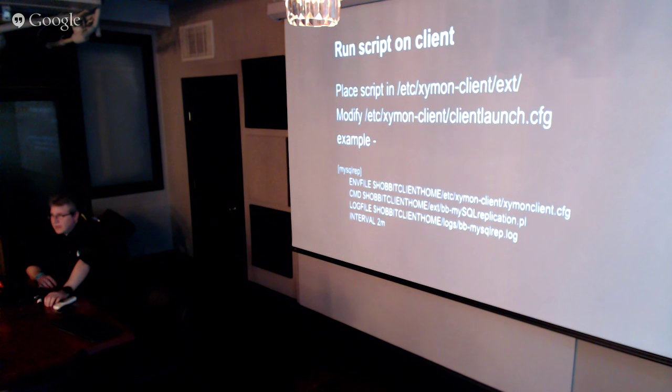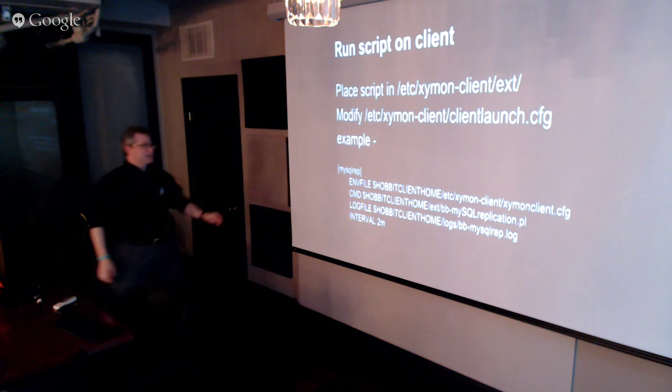The one time that you want to actually have the client do more is when you're doing specific scripts. Say you have a RAID controller in that system, and you want to monitor the disks on it. You can go and look for the script. You can install it in the Xymon client external command directory, and you have to, excuse me, modify the client launch config.